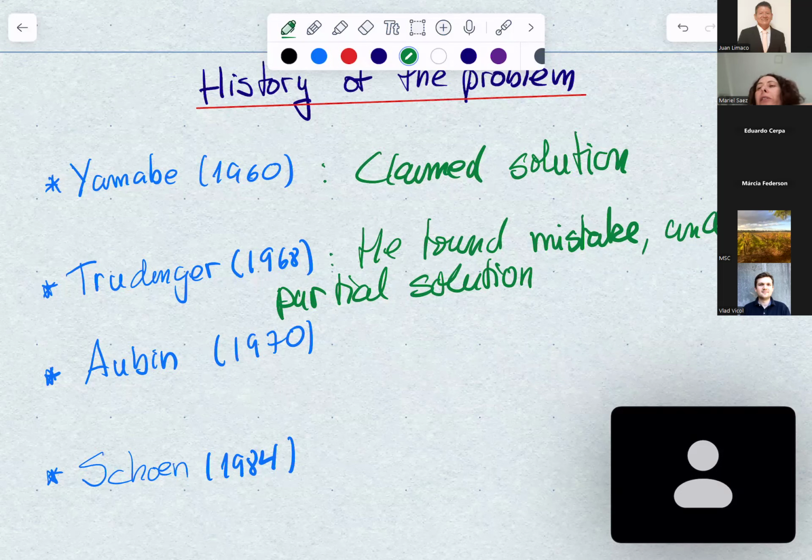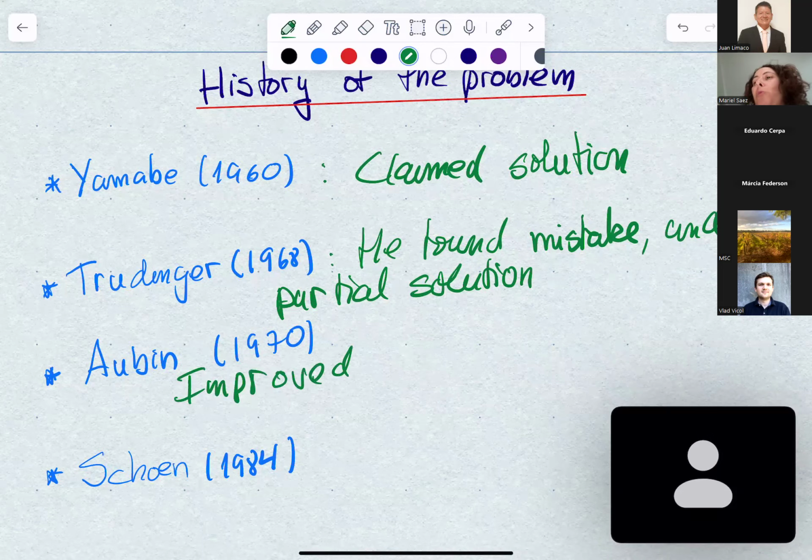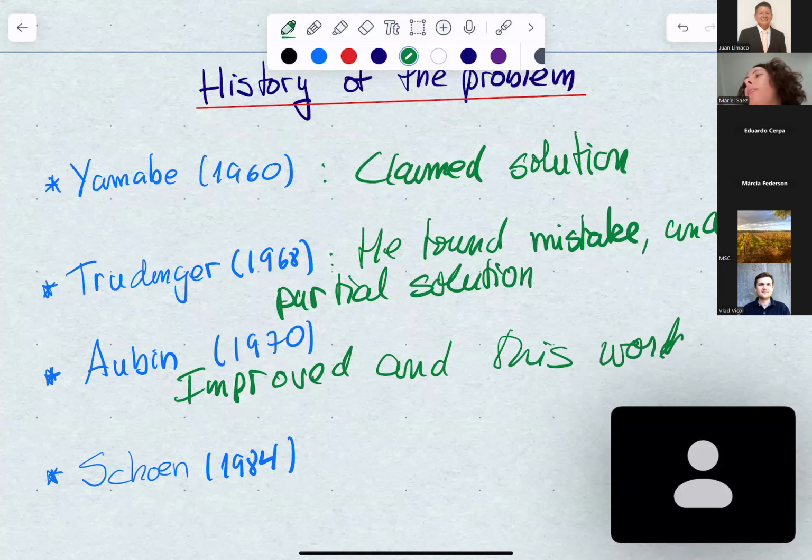And then Aubin improved a little bit Trudinger's result, and he could say that this solution works up to a certain number that is related to the sphere, and this works when the manifold is not locally conformally flat.